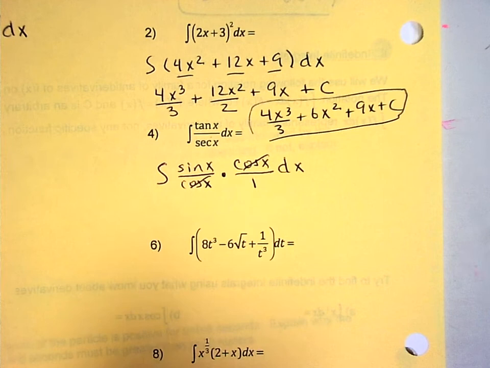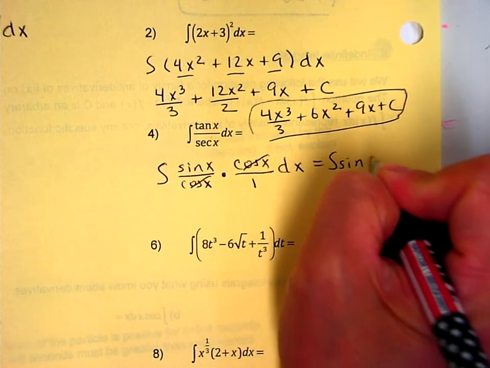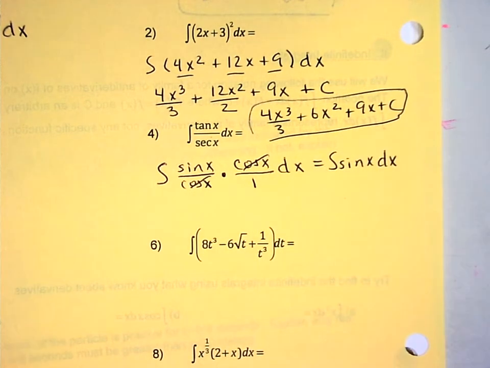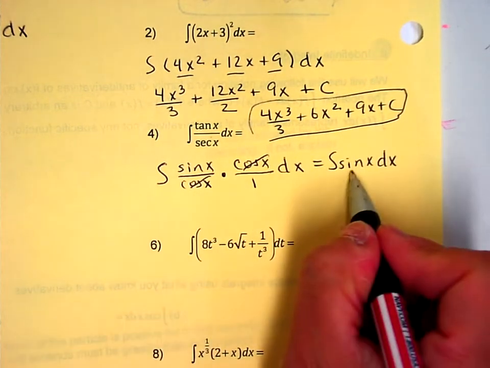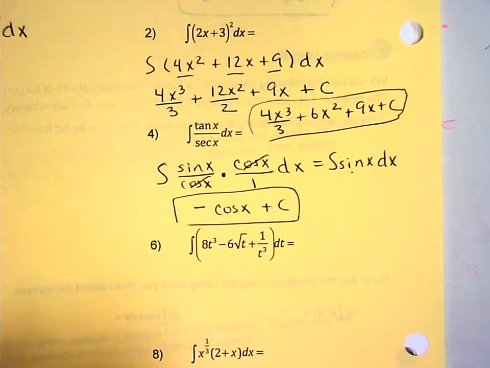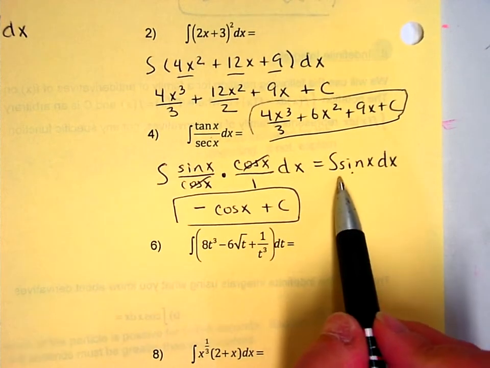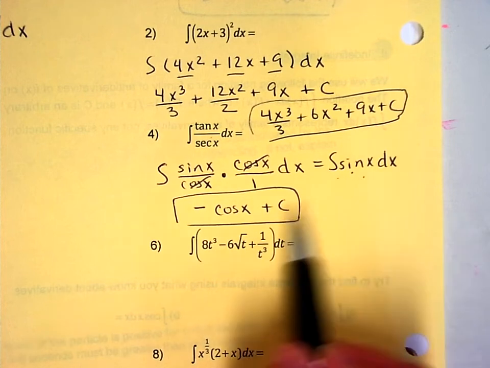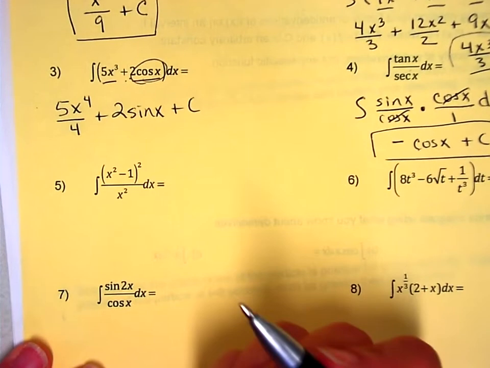So the cosines will drop out, so this whole thing really becomes the antiderivative of the sine. Antiderivative of sine is negative cosine of x, and then we have the plus c. One way I remember the signs is when you integrate the sine, you want to change the sign, so that's why it's a negative.